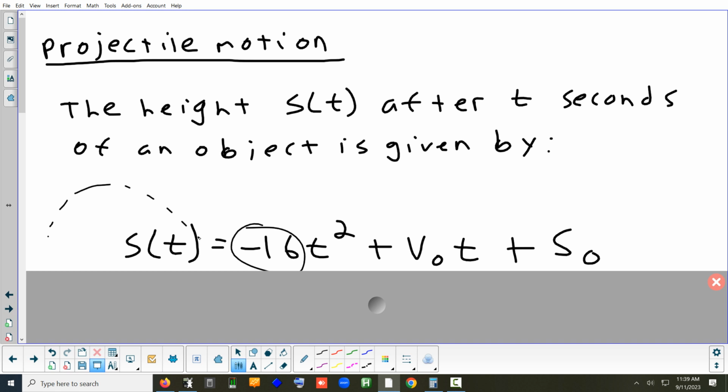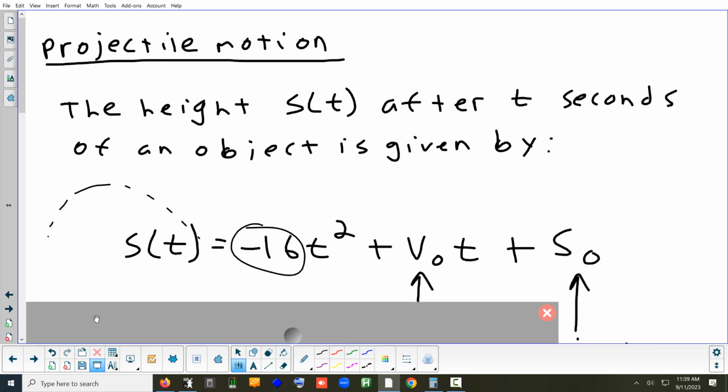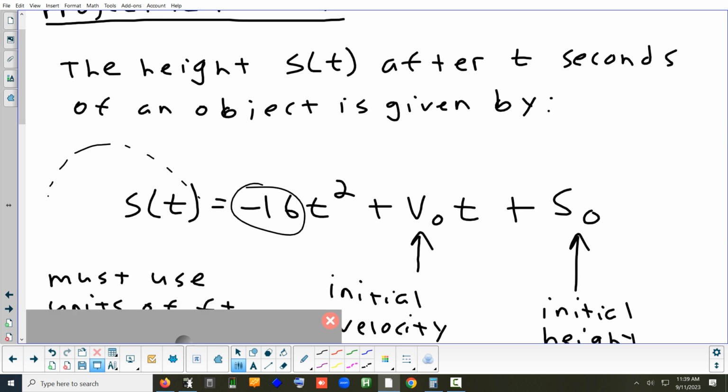To figure out how high your object is, you have to know 3 things. One is how much time has gone by since you launched the object. Our time is measured in seconds. What was the initial velocity of the object? Meaning the second that it left the device that launched it, how fast was it going right at that point?